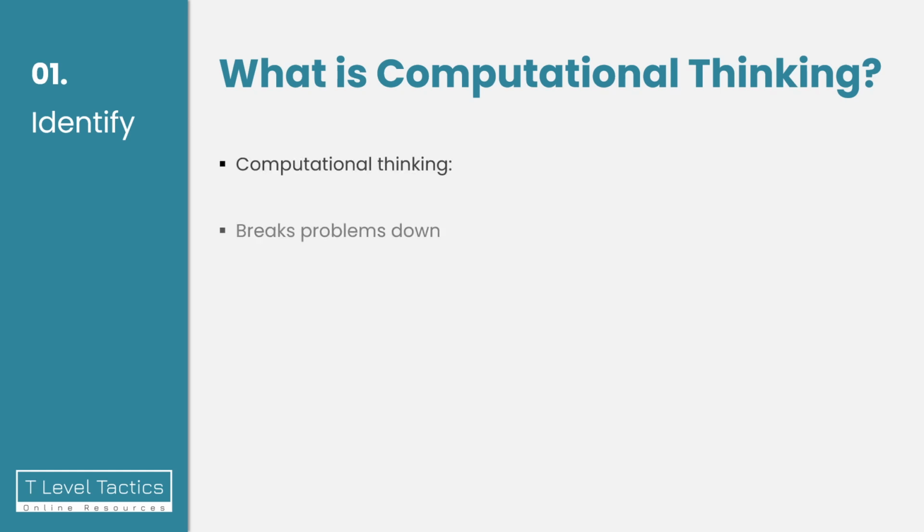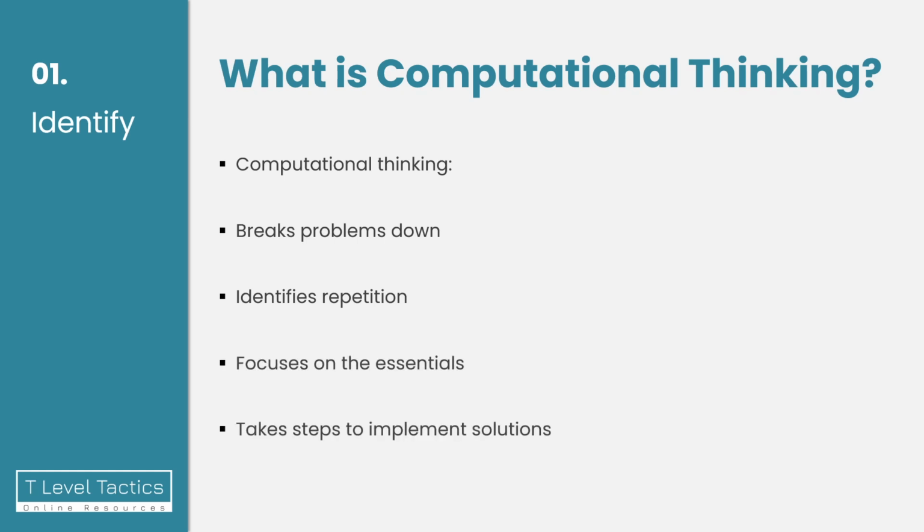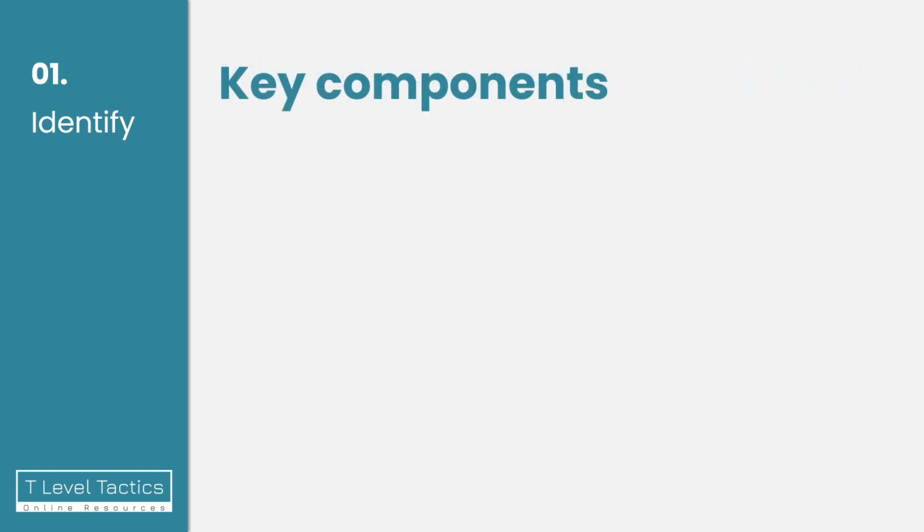Computational thinking breaks problems down, identifies repetition, focuses on the essentials, and takes steps to implement solutions. How does it do it? There are some key components involved.